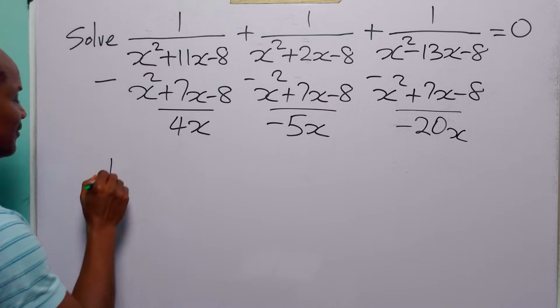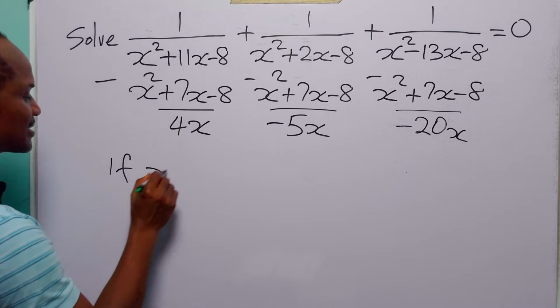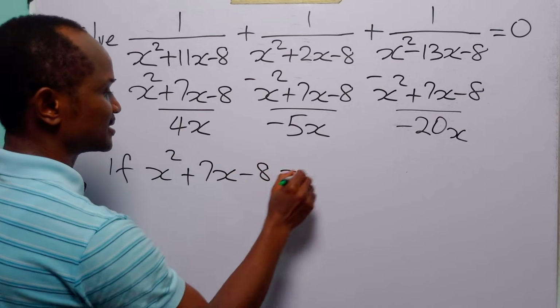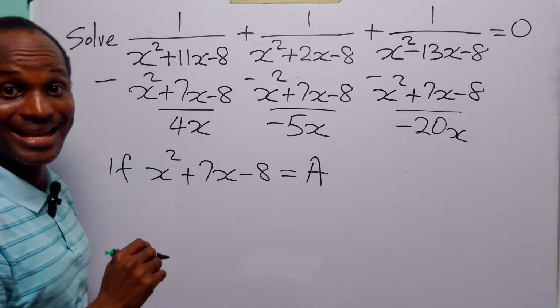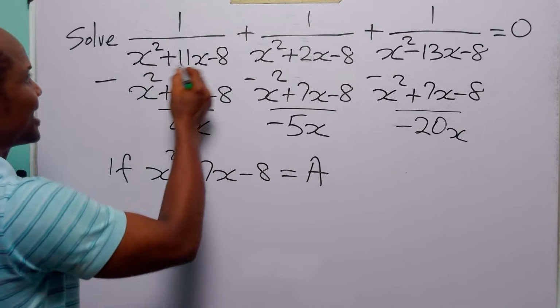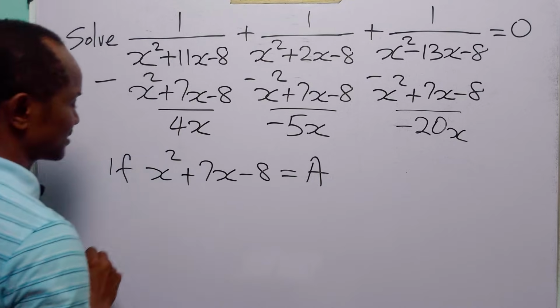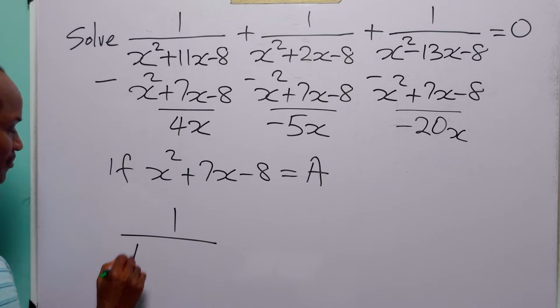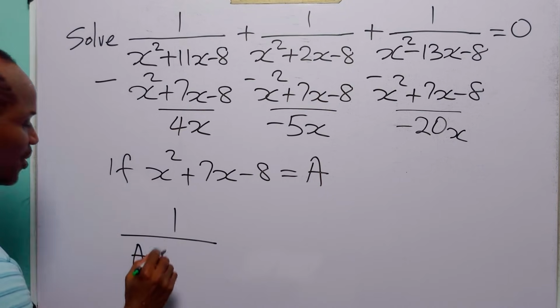So, if x squared plus 7x minus 8 is replaced with the letter a, then we can write this first fraction as 1 over a plus 4x.